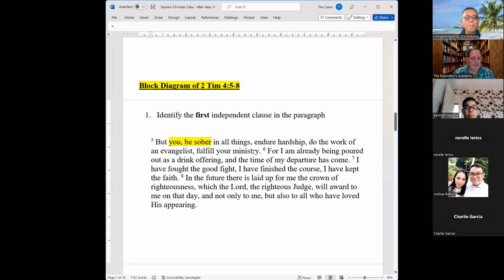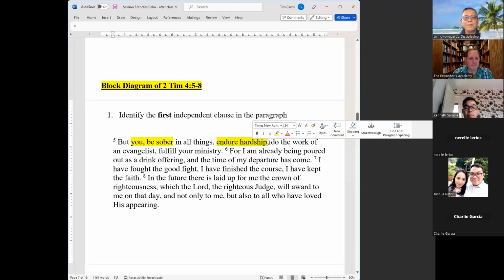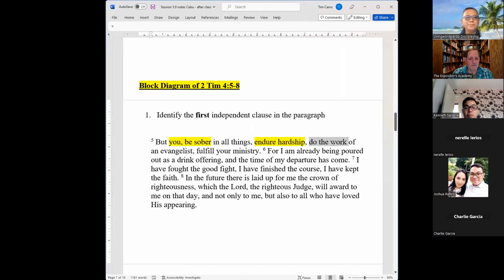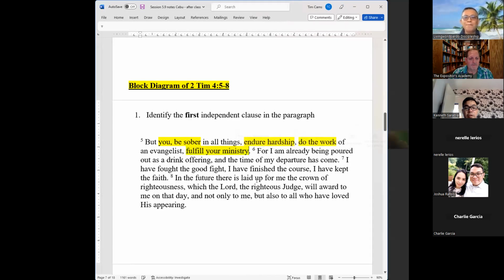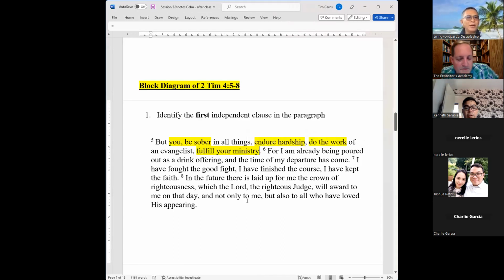Yeah, now I can see right away that first verse starts with 4 parallel commands there. You guys see that? Yes.